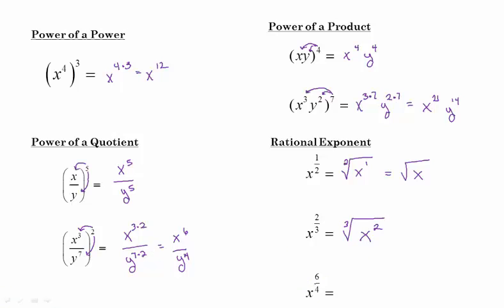Okay. We have a 6 and a 4. The 4 goes on the outside and the 6 goes on the inside. Now, the 4th root of x to the 6th, there are 6 x's in here. Any 4 of them together can be taken out. We can take the 4th root of it.